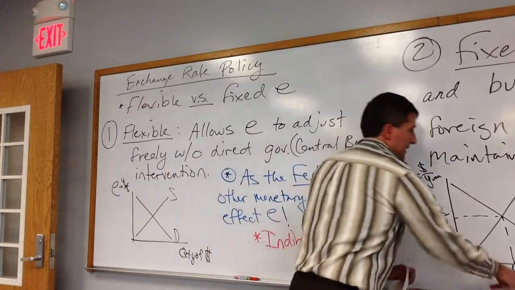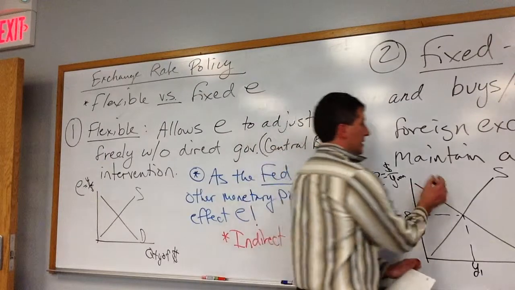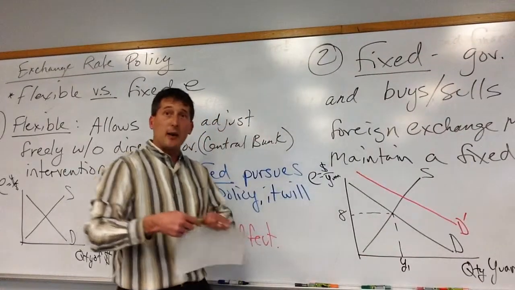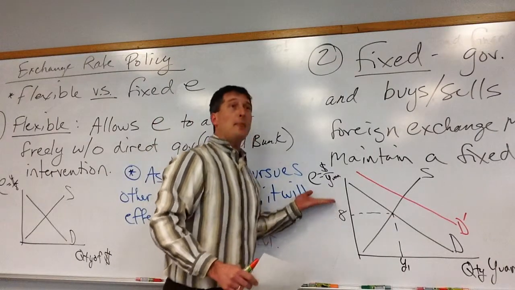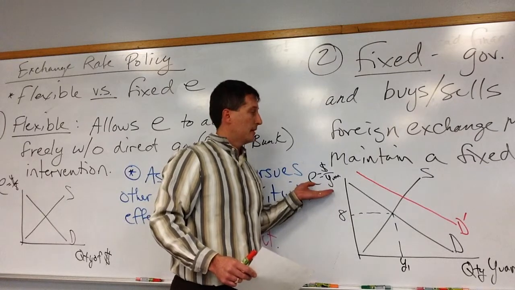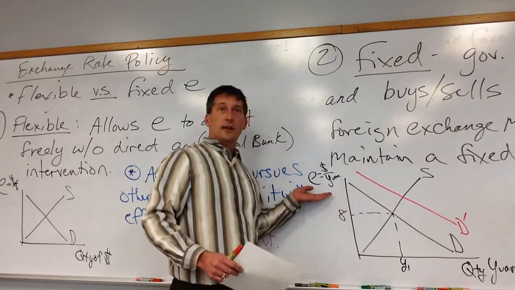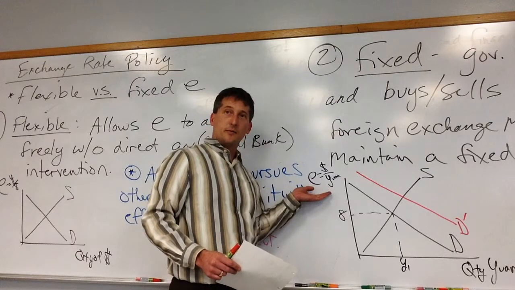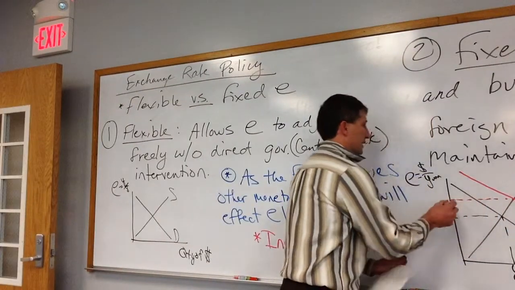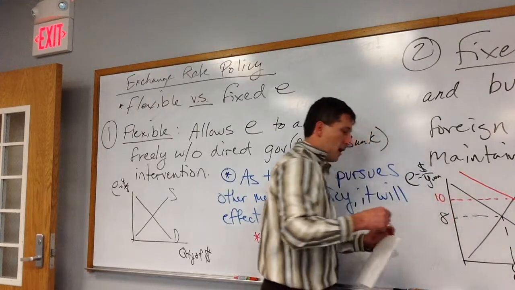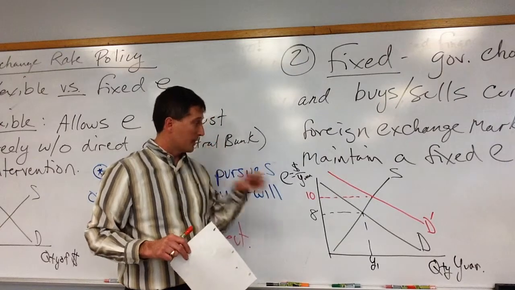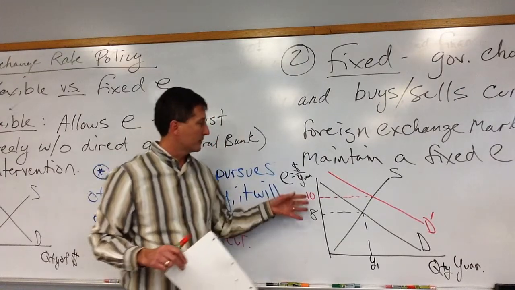If there's an increase in the demand for yuan because Americans want plasticky stuff, normally that would cause an appreciation of the yuan. Right? So now the yuan is going up in value, which means it used to cost me $1 to get 8 yuan. Now $1 only gets me 10 yuan. Or it takes 10 yuan to get $1, vice versa.